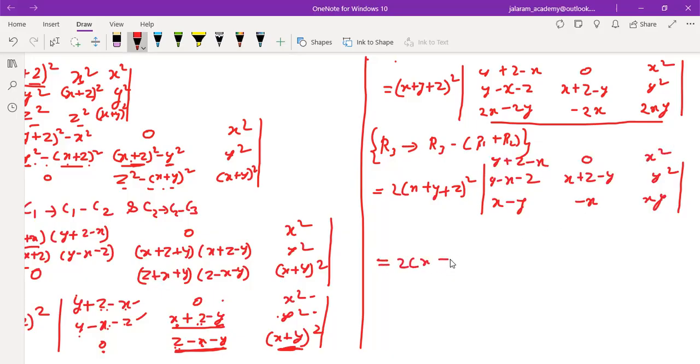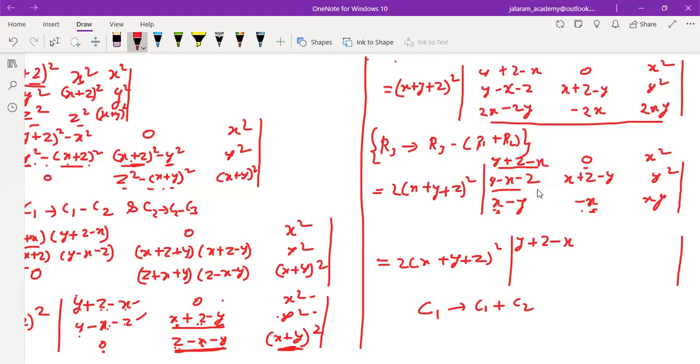Again, if we operate C1 as C1 plus C2 to cancel this x minus x will be 0, and only x minus y minus x will be only minus y. So we will operate C1 as C1 plus C2. So first element y plus z minus x plus 0 remains y plus z minus x.